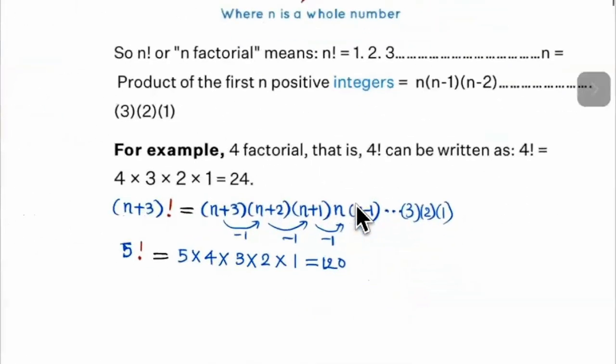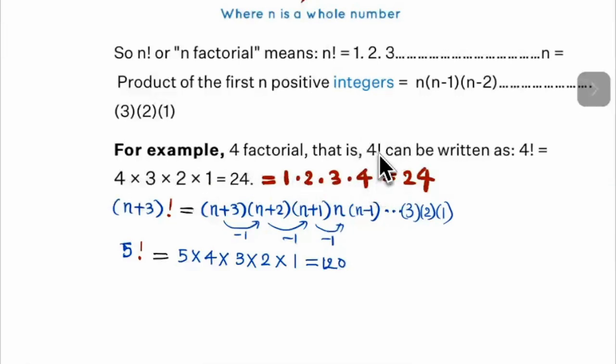For example, 4 factorial is 4 times 3 times 2 times 1, which is equal to 24. Or another way to write this is 1 times 2 times 3 times 4, which is equal to 24. So you can either go down like this or go up like this.